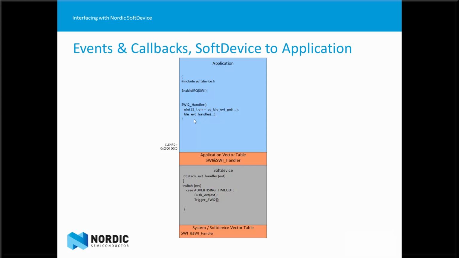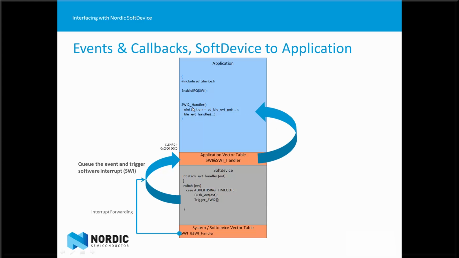And what about events? For example, if you already started advertising and then you have a timeout, say after 3 minutes, that will first trigger an interrupt inside the SoftDevice when the timer runs out, and then that will go into the advertising timeout case here in the stack event handler. That will push the advertising timeout event into the event queue and then trigger software interrupt 2 to send that to the application vector table, and we will jump into the interrupt handler, which is the software interrupt 2 handler.